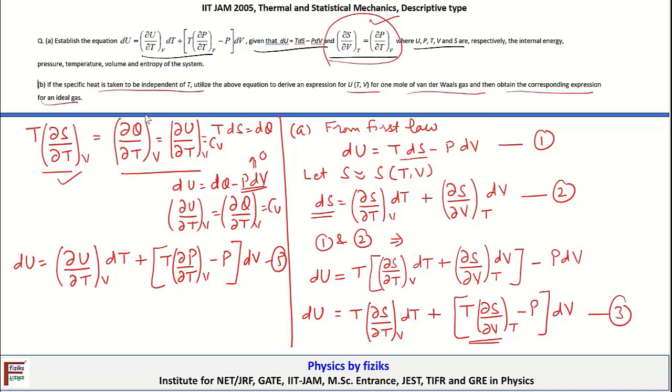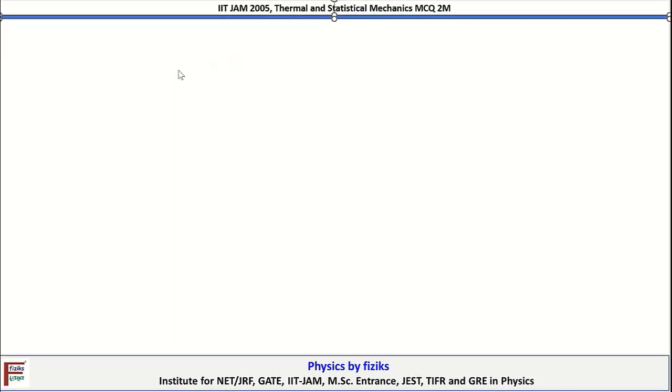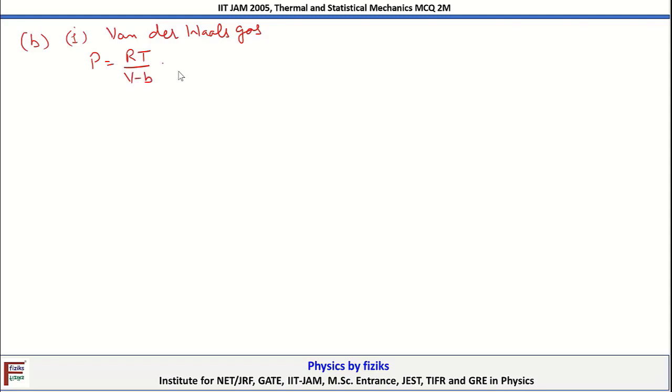Now we'll obtain the results for the van der Waals gas and the ideal gas. For the first case in part B, the first corresponds to the van der Waals gas. We have the pressure equal to RT upon V minus b, minus a upon V square.